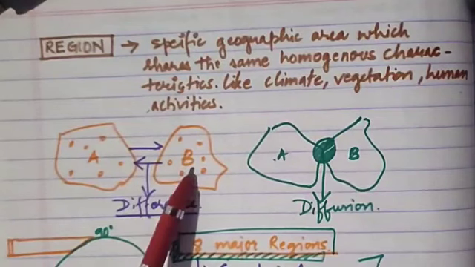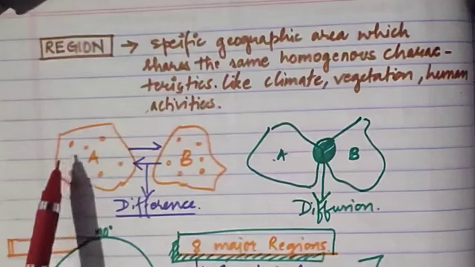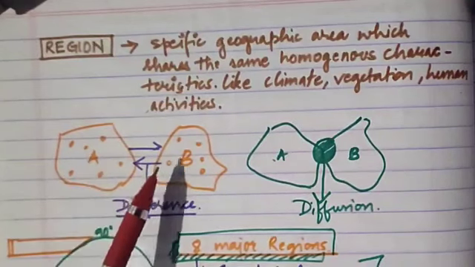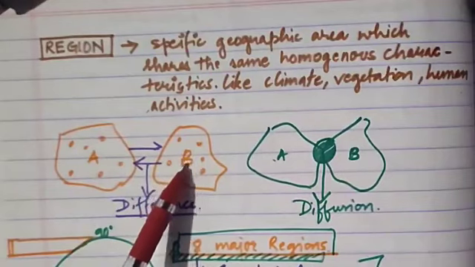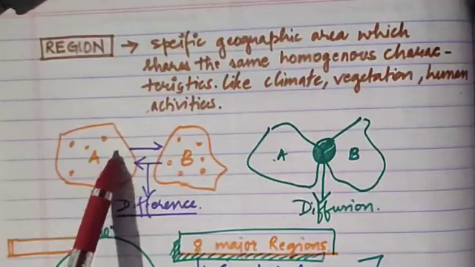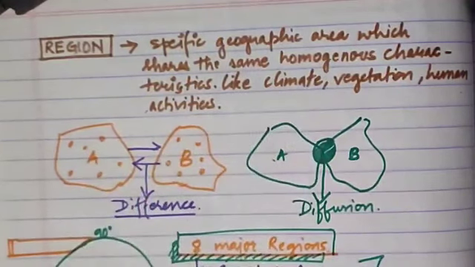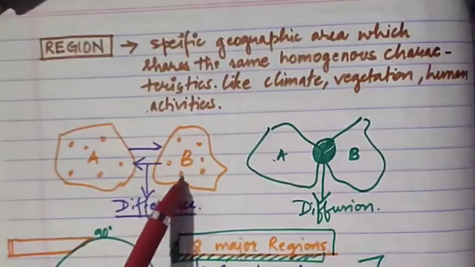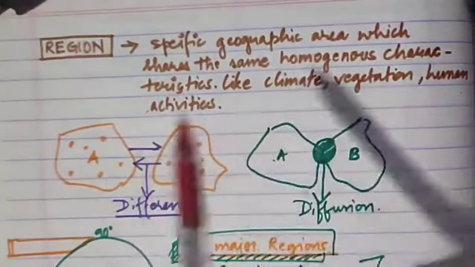The area which falls within place A and the area which falls within place B will have the same kind of characteristics within. Means the places of A will have the same characteristics like climate, vegetation and human activities, and the places of B will have the same characteristics like climate, vegetation, human activities.